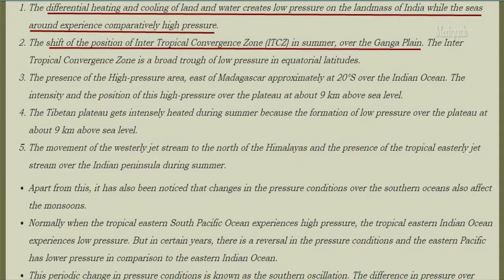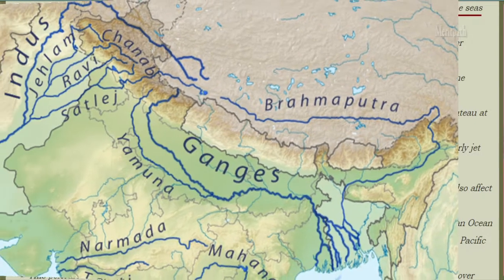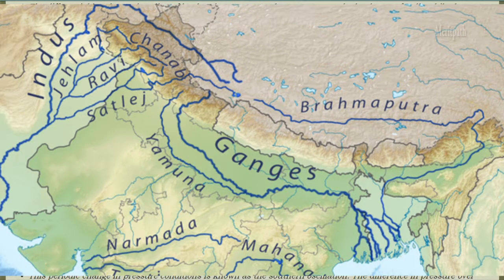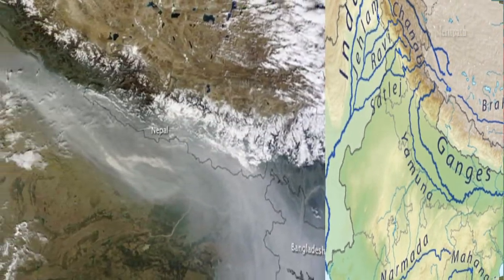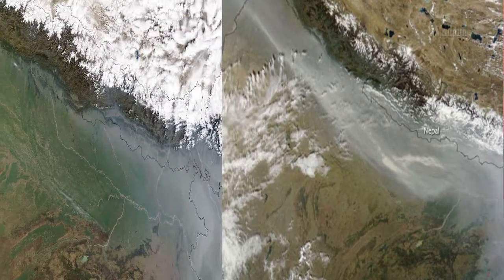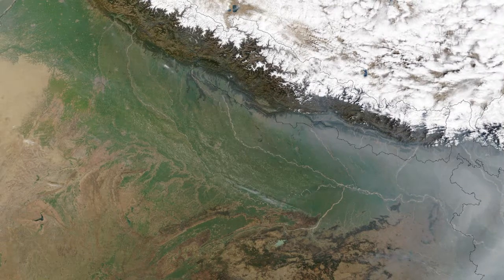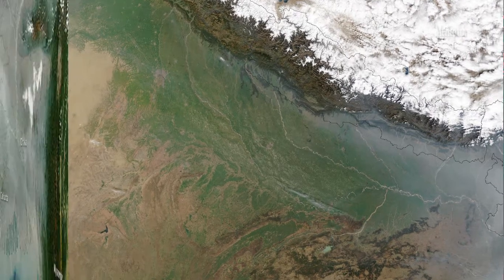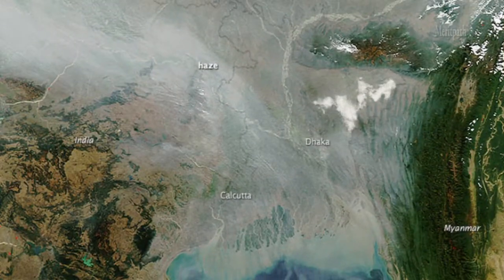The Intertropical Convergence Zone is a broad trough of low pressure in the equatorial latitudes, and there is the presence of high pressure east of Madagascar, approximately at 20 degrees south over the Indian Ocean. Intensity and position of this high pressure over the plateau at about 9 kilometers above the sea level.